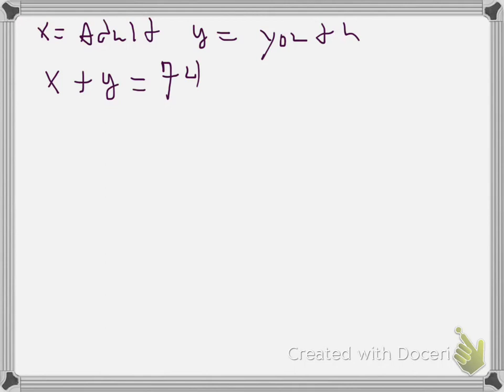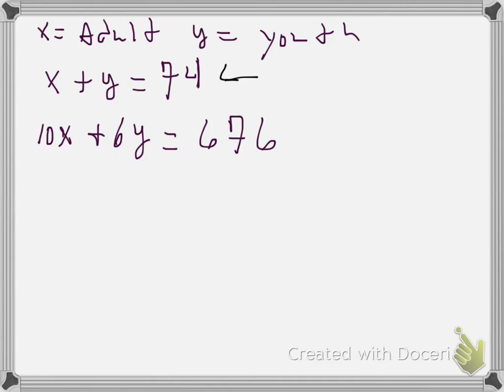Now, as far as ticket prices go, I know that 10x plus 6y equals 676.